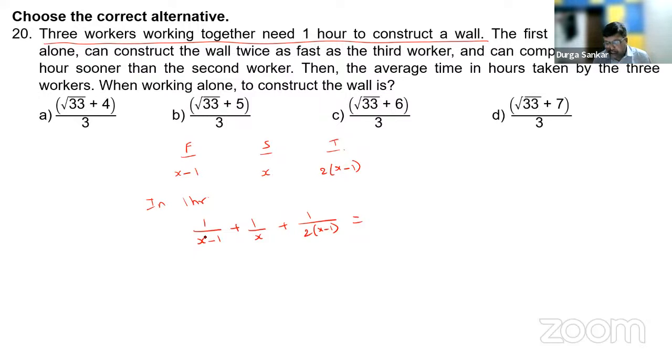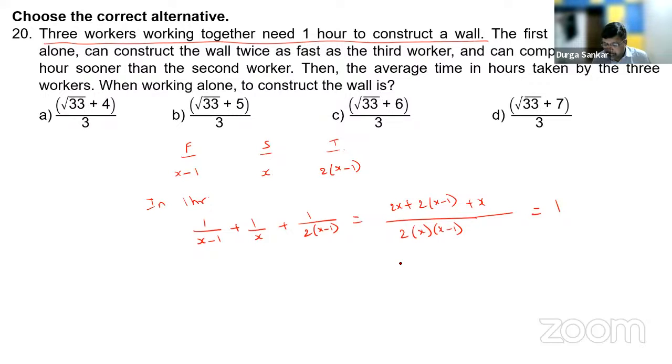Right. So the LCM becomes 2 into X minus 1. So 2X plus 2 into X minus 1 plus X is necessarily equal to 1. Right.